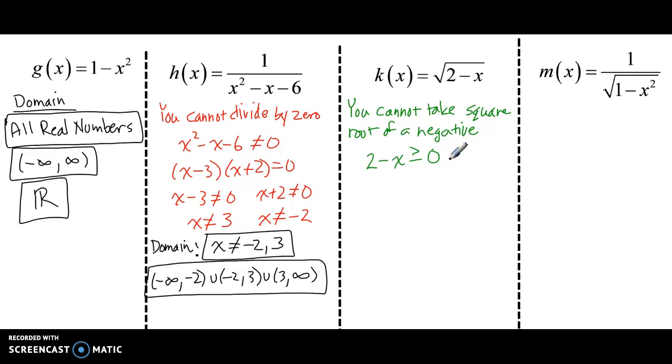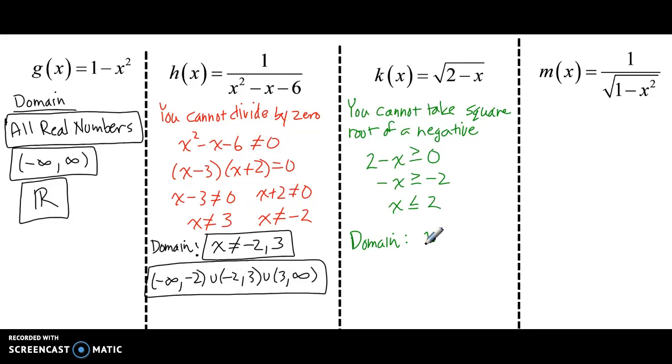It cannot be negative. And that's an inequality. And you solve it like you would solve any inequality. Move the 2 to the other side, divide by -1. When you divide by -1, don't forget that means you have to change the direction of the inequality. So the domain here could be written exactly like that.